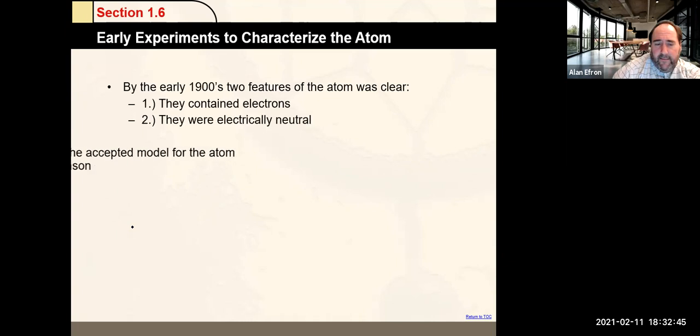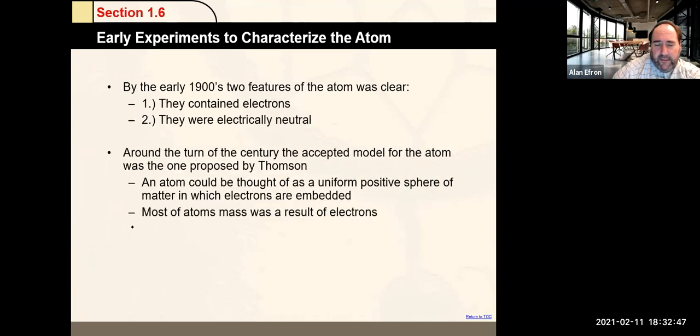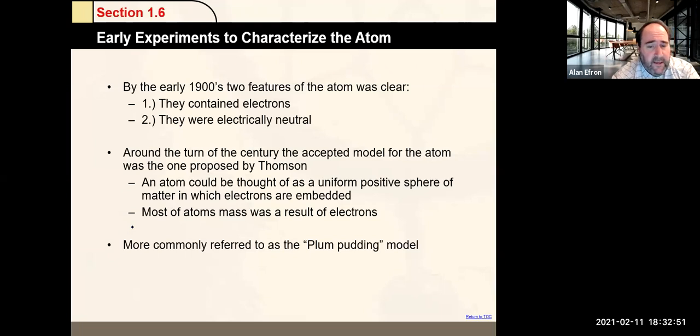By the early 1900s, there were a couple of things about the atom which were commonly thought of. It definitely contained electrons, as we just saw from those experiments. But the atom itself was thought to be electrically neutral.